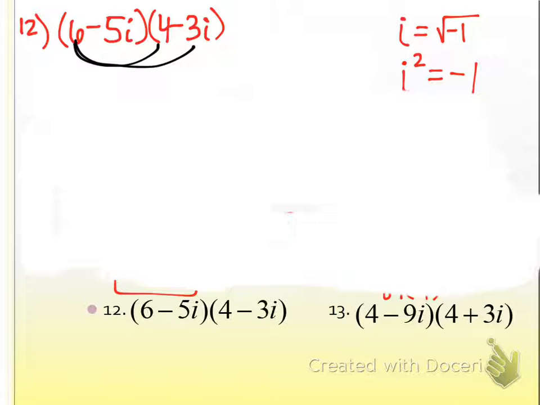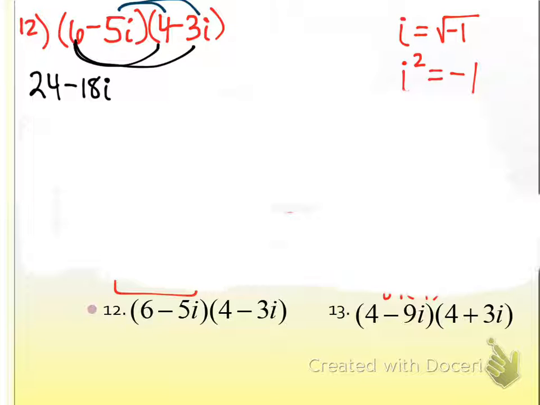What's 6 times 4? 24. And 6 times negative 3i is negative 18i. Then we also need to take the negative 5i from the front and double distribute that into the back parentheses.